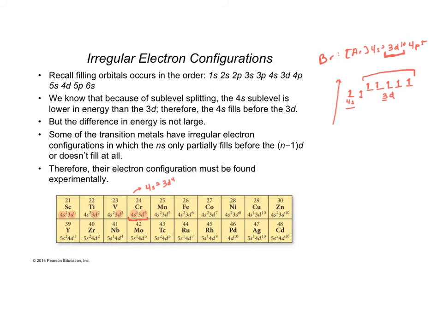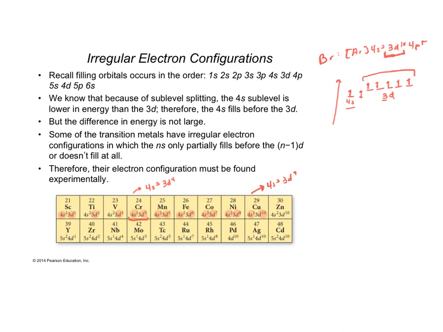Then as we move on, we go back to our normal filling: 4s2, 3d5, 4s2, 3d6, 4s2, 3d7, 4s2, 3d8. And when we get to copper, we get another irregular filling. You would normally think, going the way we've learned it, that this would be 4s2, 3d9, but instead copper is 4s1, 3d10.